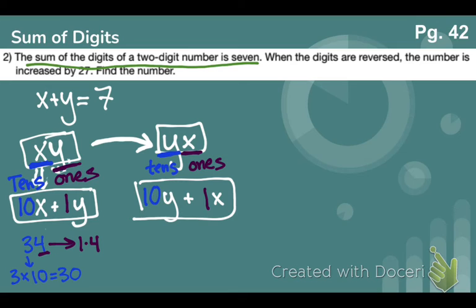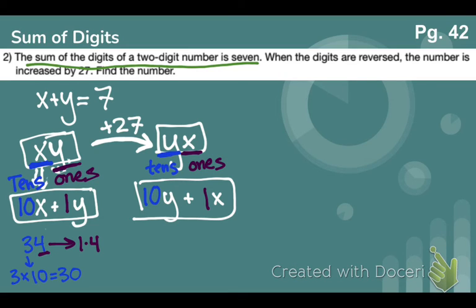Increasing by 27. How do we represent increasing by 27? Add 27, yeah. There's a difference of 27. So from xy to yx, when we are reversing the digits, there's an increase of 27.